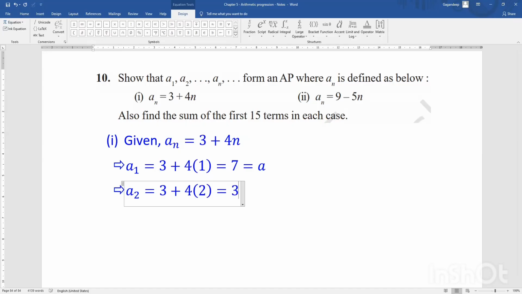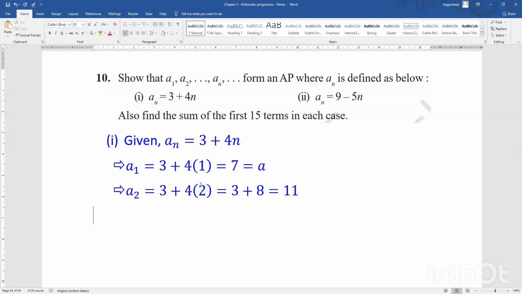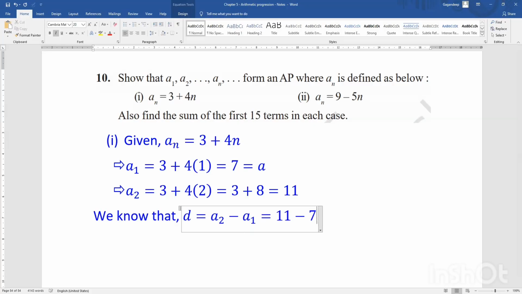This is nothing but 3 plus 4 twos is 8. This is nothing but 11. Got it? Then we know that d is equal to A2 minus A1. That is 11 minus 7 should give you 4.